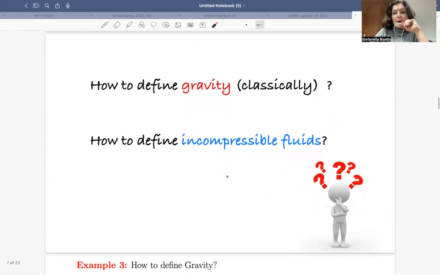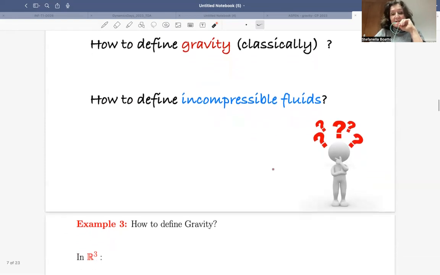And so what will be the general definition of gravity? How to define gravity? And eventually, what we also saw from our previous work is that gravity and incompressible fluids are related. I will not talk about this in this first part, but how to define incompressible fluids will be another question. So how to define gravity?